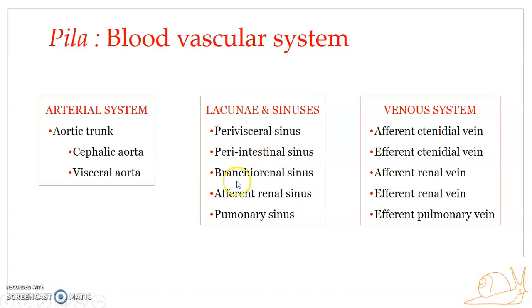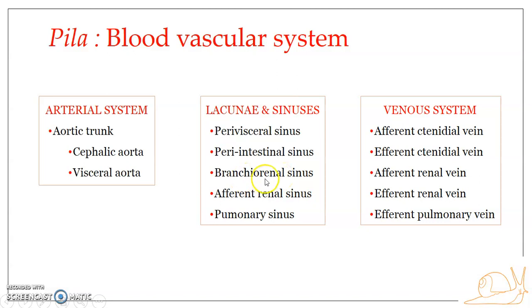The third sinus is the branchiorenal sinus. The name suggests branchio, referring to the tenerium or the gill, and renal, obviously the kidney or the renal chamber here. The branchiorenal sinus occupies a region between the tenerium and the anterior renal chamber.